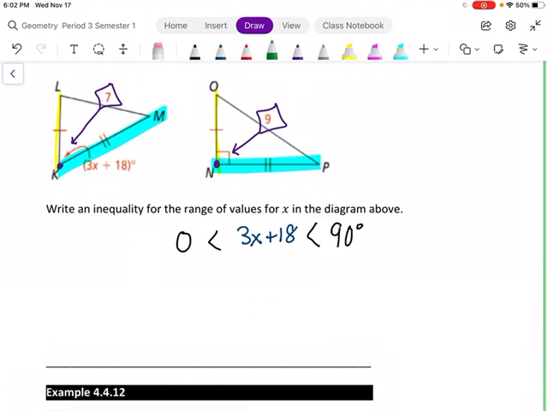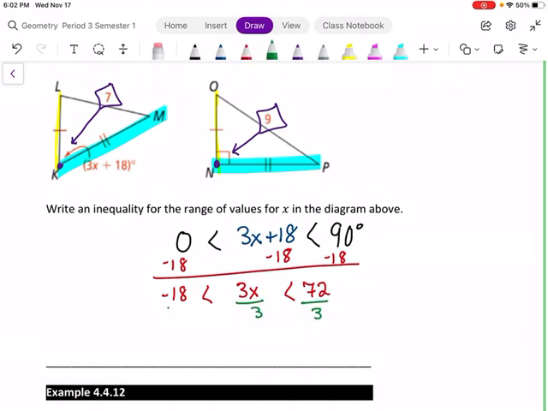Then we can go ahead and solve. We're going to start by subtracting 18 on both sides. And we're going to get negative 18 is less than 3x, which is less than 72. And then the last thing we need to do is divide by 3.